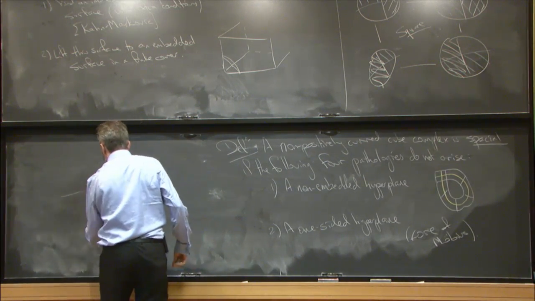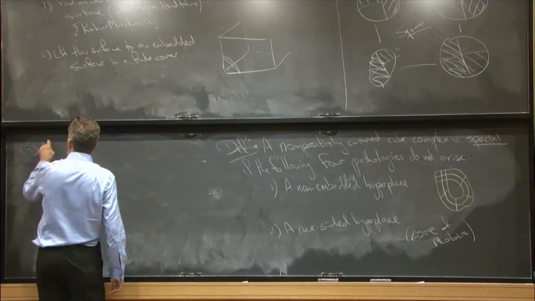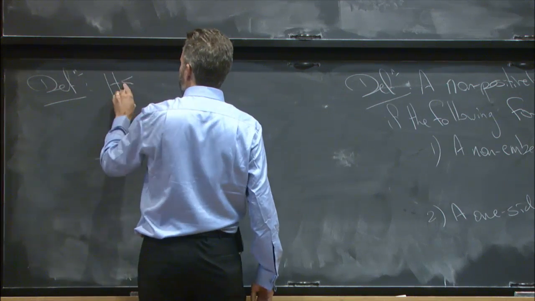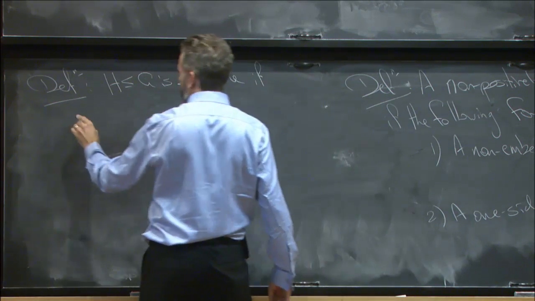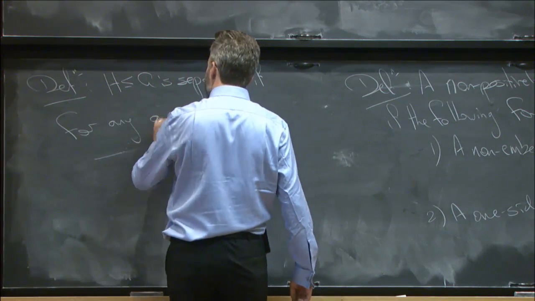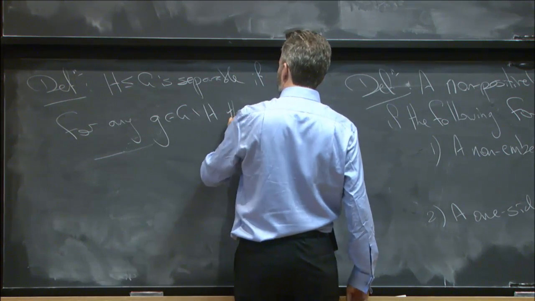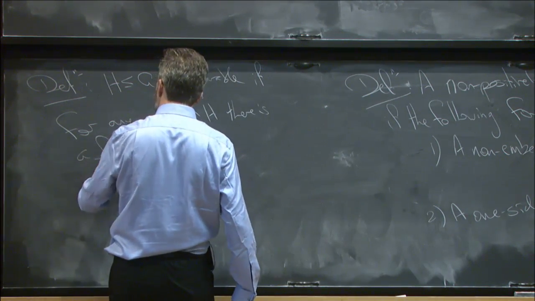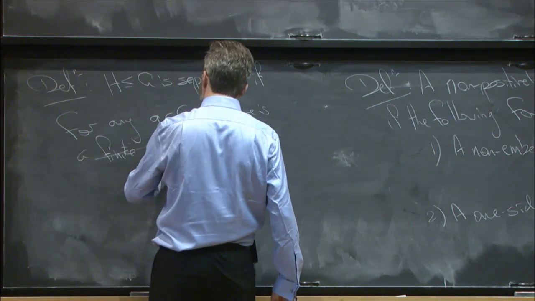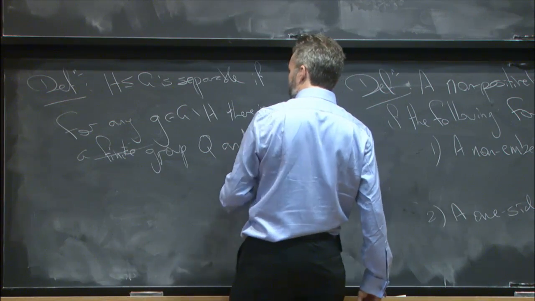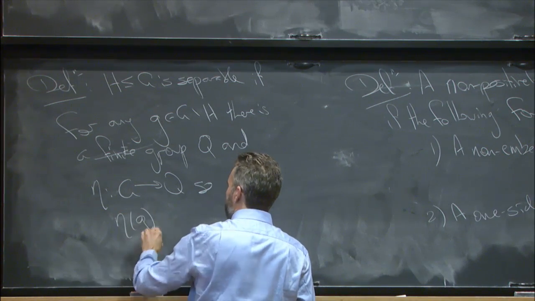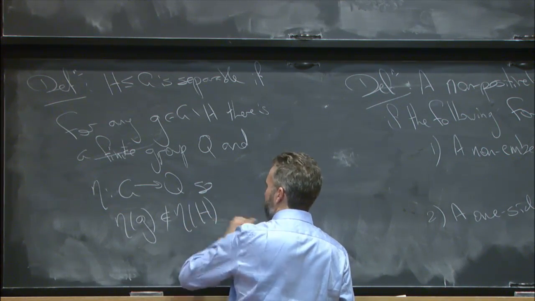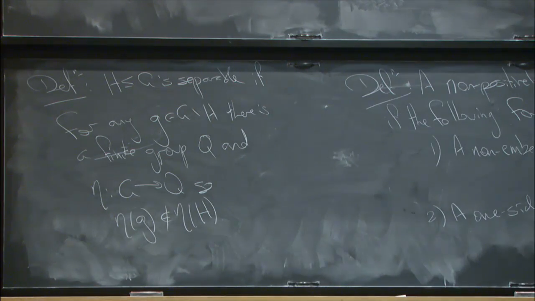Okay, so I'll quickly define separability. We have a group G and a subgroup H. H in G is separable if, for any element g of the group that's not in H, there is a finite group Q and a map eta from G to Q so that the image of g lies outside of the image of H. You can witness that g is not in H in finite quotients of the group.